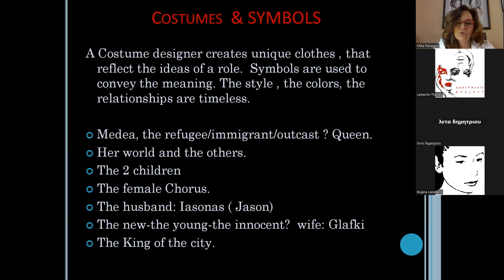She has a female chorus, her husband, the new young and innocent wife, Glavki, and the king of the city. So these are the main characters when we're trying to talk about a play, so we don't have to go to all in order to have some time to speak about it. So this is what we're seeing actually in the pictures here.